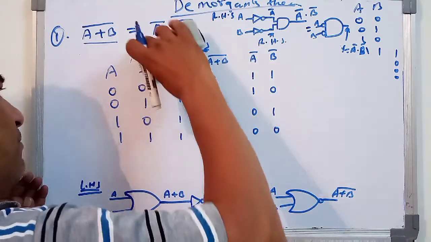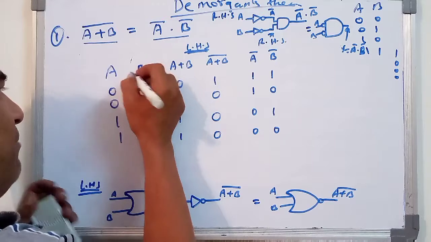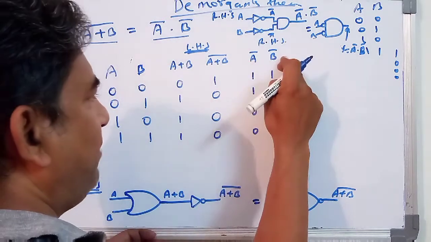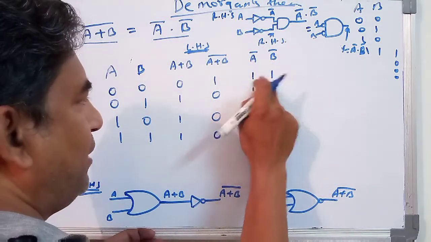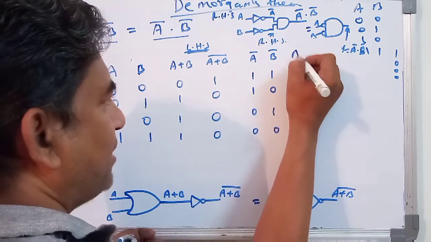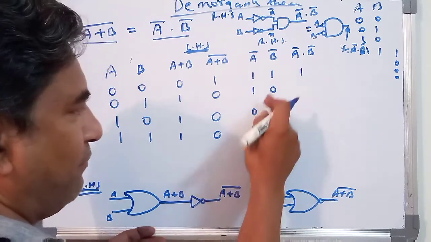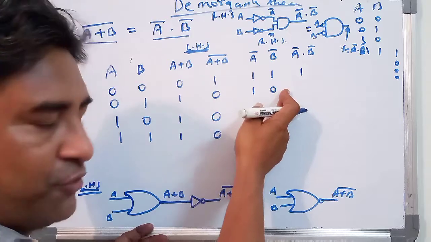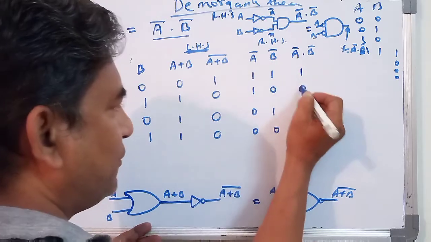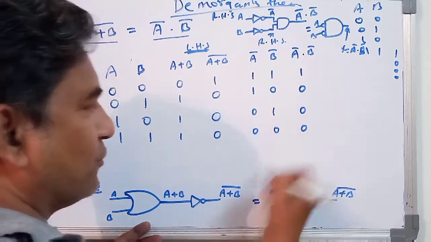Now you just multiply the A bar and the B bar. This A bar and the B bar you have to multiply. 1 into 1, you will obtain the value 1. Okay, so here it is 1. Whenever any number is multiplied with a 0, you will obtain the value 0, 0 and 0.